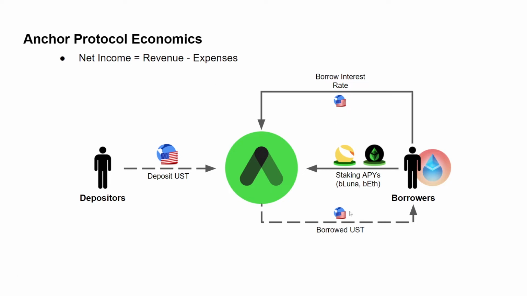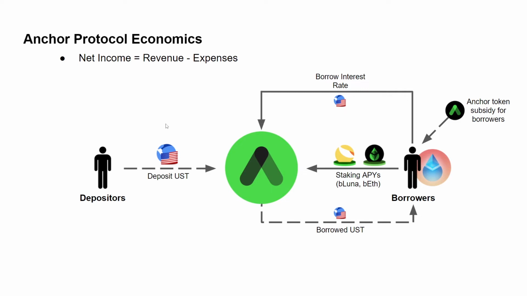I just wanted to show the flow of the funds from depositor to borrower. Also, as a side note, the borrowers are incentivized by the Anchor token, and the Anchor token emissions subsidize the borrowers in order to offset this borrow rate. So as the Anchor token price increases, this incentivizes borrowers to borrow more. Okay, so those are the two main sources of revenue that the Anchor protocol has.